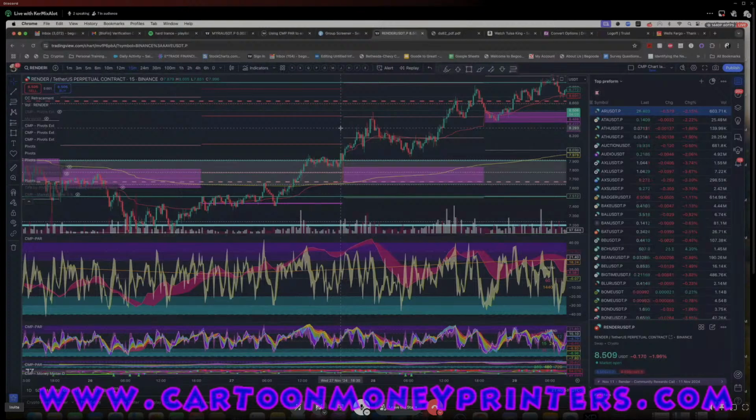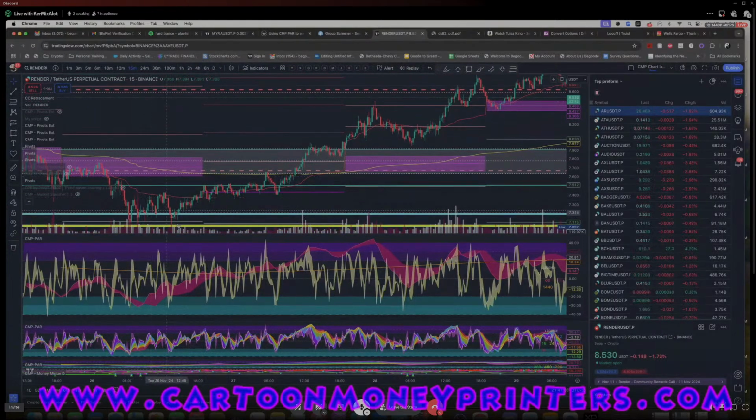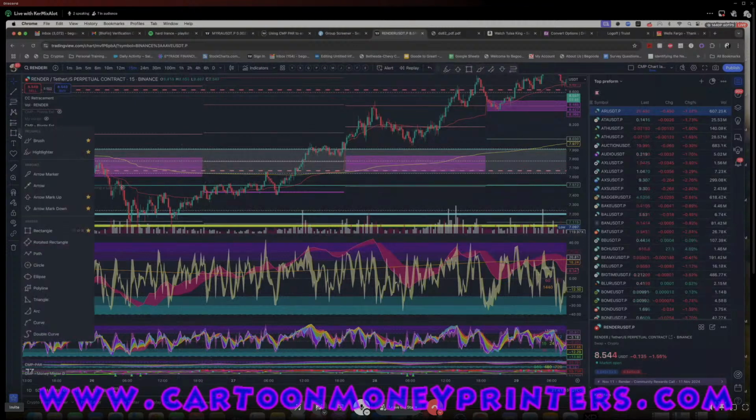Because if you are going to FOMO, you want to make it calculated and have a good reason for getting in. So right here, okay, with Render, we had a double bottom off of the yearly. The yellow is the yearly, and the blue is the quarterly. So this area right here is really strong support.